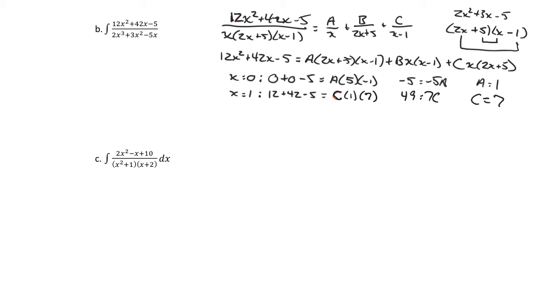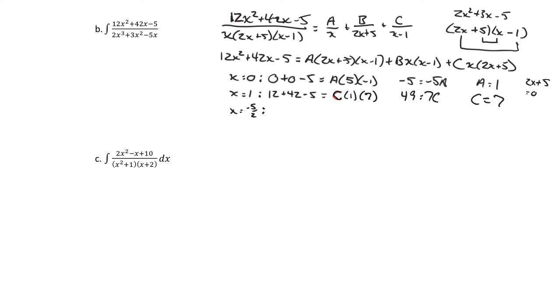Okay, I've been putting this one off, but I'm not going to put it off anymore. If x is equal to negative 5 halves, what I'm doing here is I'm taking that 2x plus 5 and setting it equal to 0. So x is negative 5 halves when I solve that. Okay, this is going to be fun.